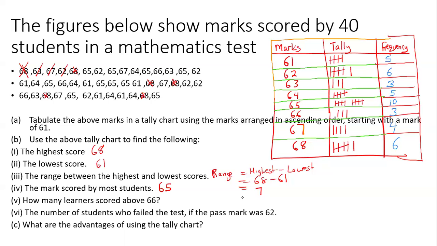Then we are going to go to number 5. How many learners scored above 66? Who wants to give us? Nyangona? Nyangona is not unmuting. Mel?